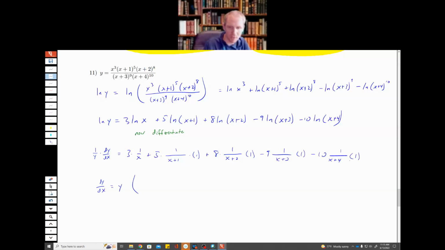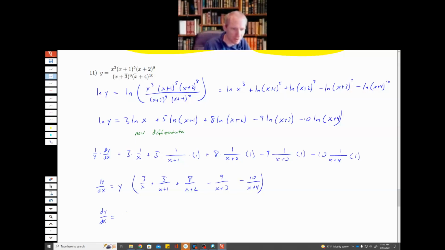So I'm just going to write this a little bit more cleanly as I go. So 3 over x plus 5 over (x plus 1) plus 8 over (x plus 2) minus 9 over (x plus 3) minus 10 over (x plus 4). And then for our last step, we replace the y with the formula that we have for y.